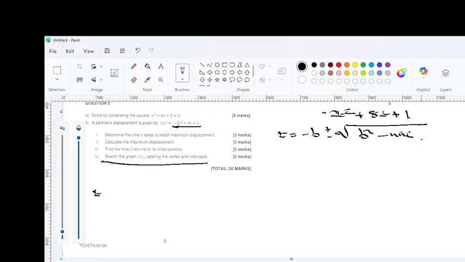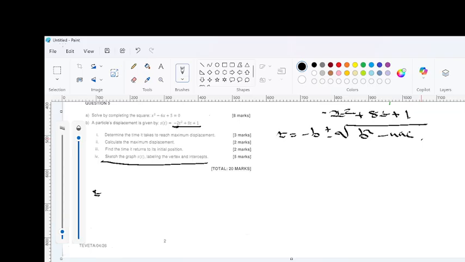I'm using this to find the intercepts. What is our b? This is our a, b, and c. So our b is 8. So -8 plus or minus the root of 8 squared minus 4 times a, which is -2, times c, which is 1, over 2 times -2.